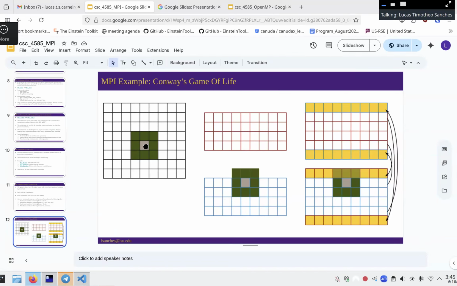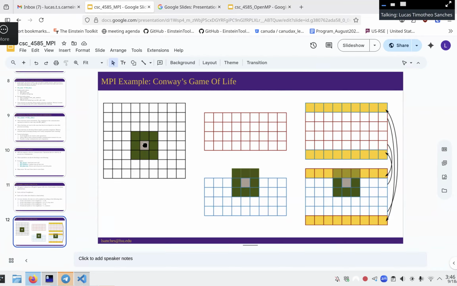Let's say I'm analyzing the cell here in grayish color, and I want to decide if this cell for the next iteration is going to be alive or dead, to know the color associated with it. I apply those rules, but in order to apply them, I have to look at all of my 8 neighbors.